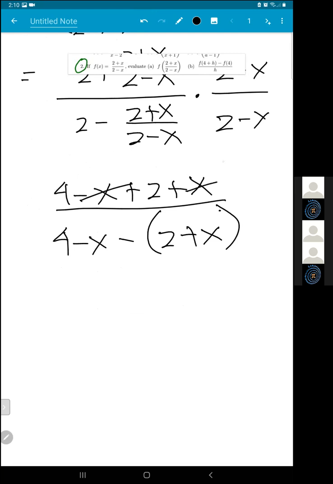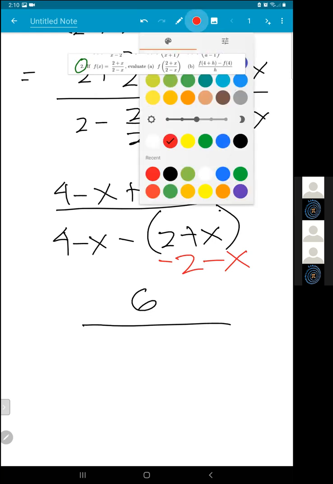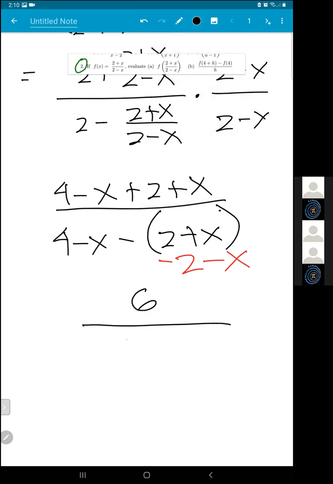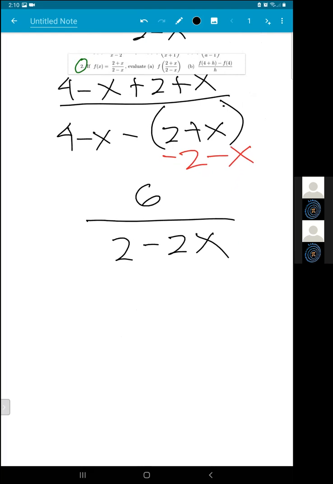So x cancels out here, 4 plus 2 is 6. And then this becomes minus 2 minus x. So you have 2 minus 2x. And then you can actually simplify this further, although technically this is already a correct answer. But in mathematics, we want the simplest form possible. So we divide everything by 2 for both numerator and denominator. So we have 3 over 1 minus x.